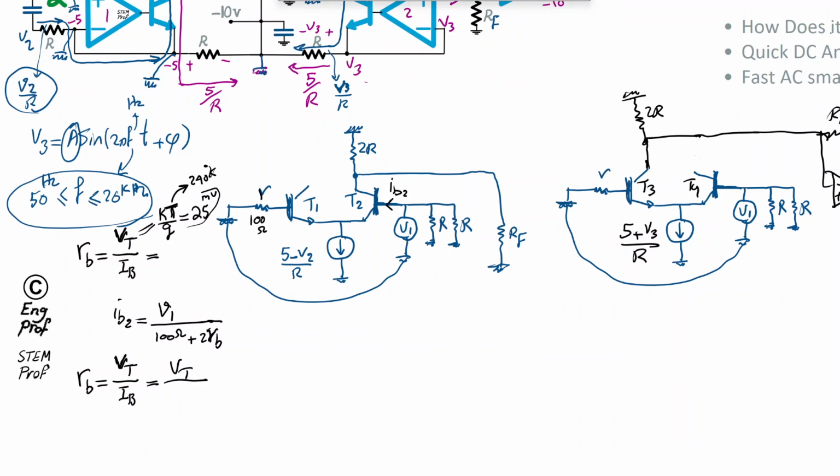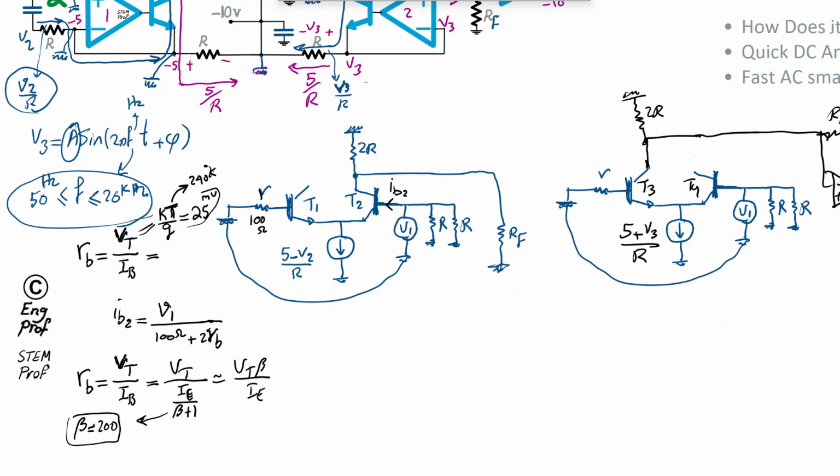So VT over IB is VT over IC of the transistor, or I emitter of the transistor, divided by, say, beta plus 1. And as a result, we can just say beta, because beta for these small signal transistors is, let's say, on the order of 200, which is a very nominal value. And then we have, roughly, VT beta divided by I emitter.